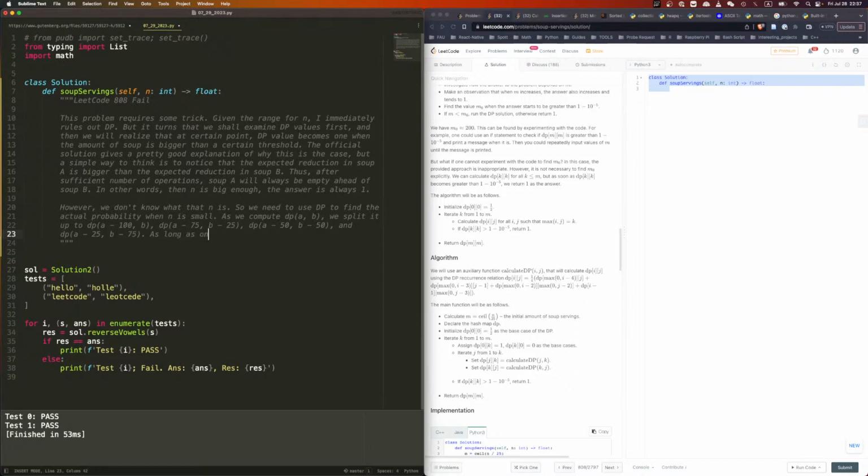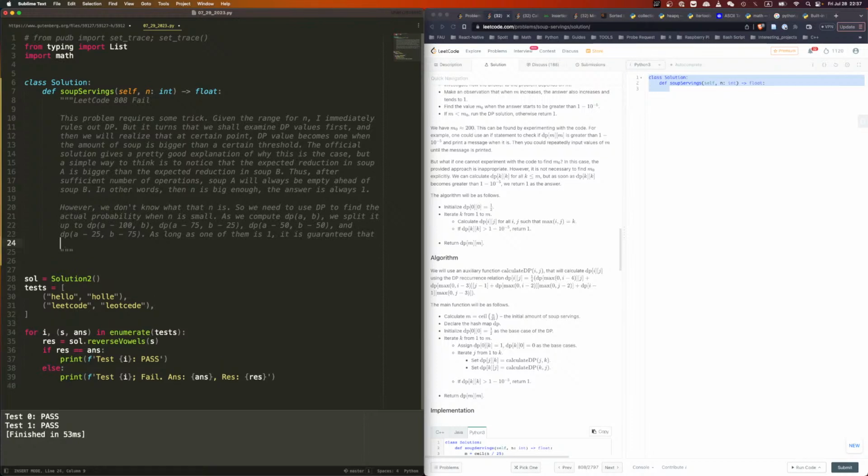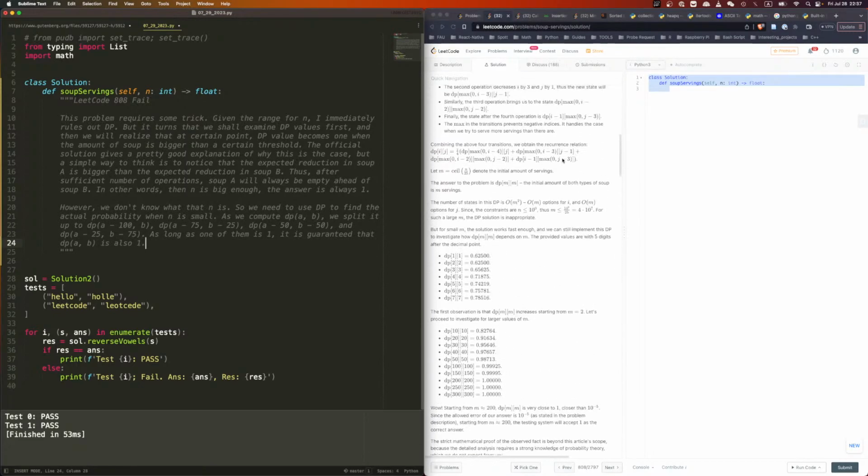As long as one of them is 1, it is guaranteed that dp[a][b] is also 1. That is the trick.